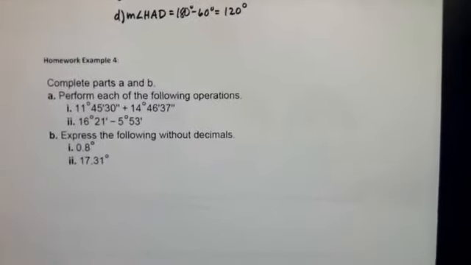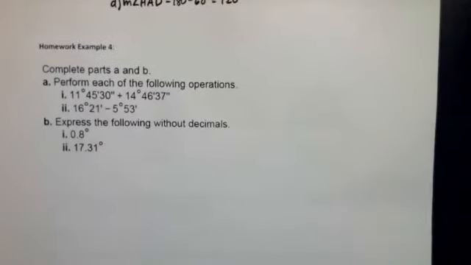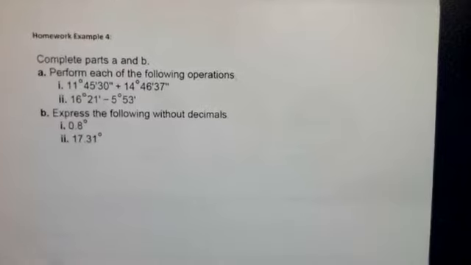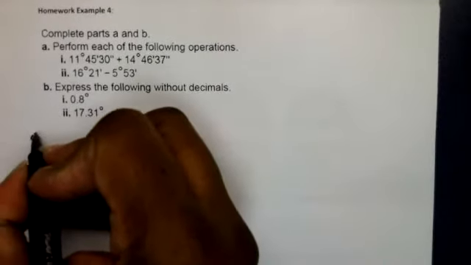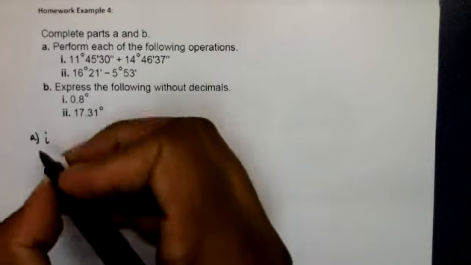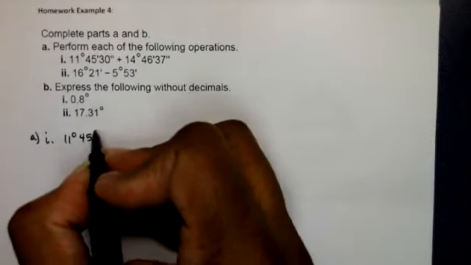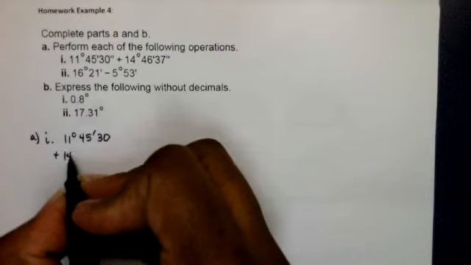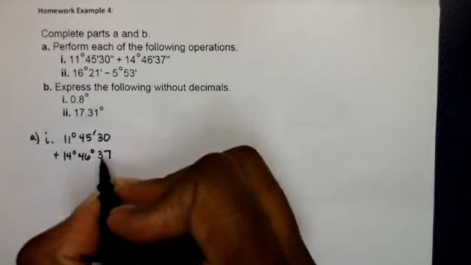All right, here's another homework example. We're going to complete parts A and B here. In this case, perform each of the following operations. So in part 1 of A, we got 11 degrees, 45 minutes, 30 seconds, plus 14 degrees, 46 minutes, 37 seconds.